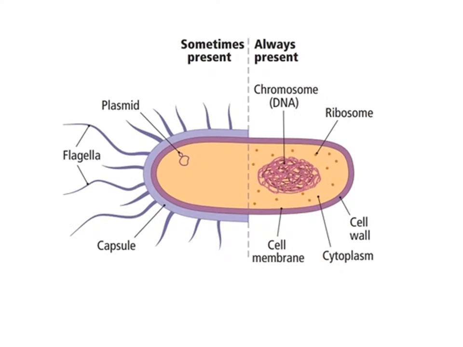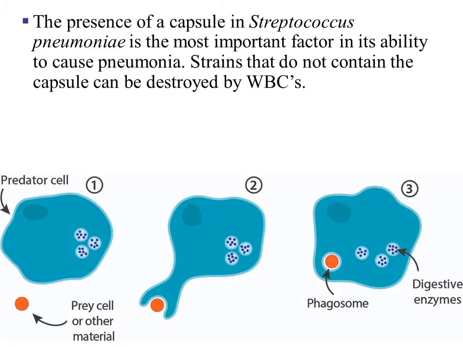So sometimes you'll have the capsule present and sometimes you will not. The presence of a capsule in Streptococcus pneumoniae is the most important factor in its ability to cause pneumonia. Strains that do not contain the capsule can be destroyed by a macrophage.